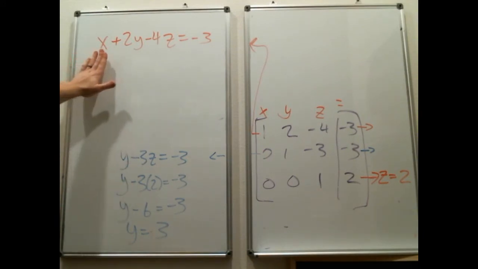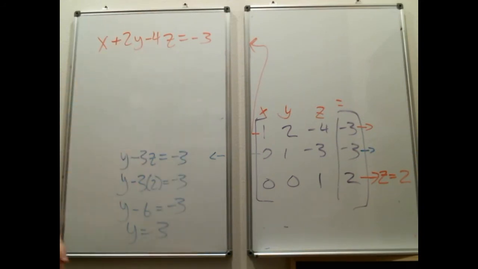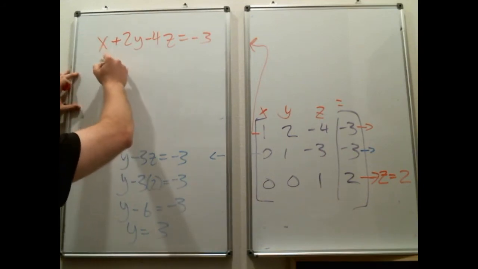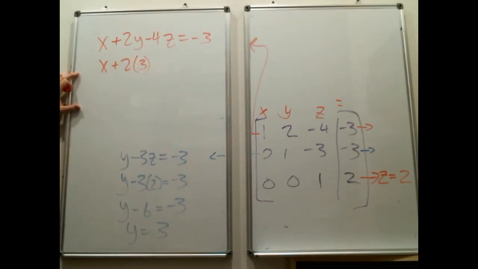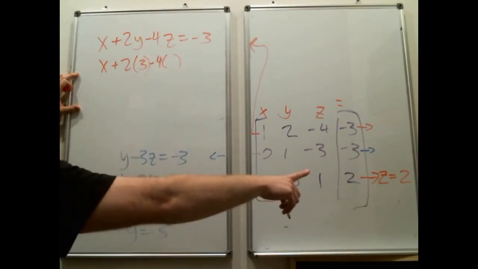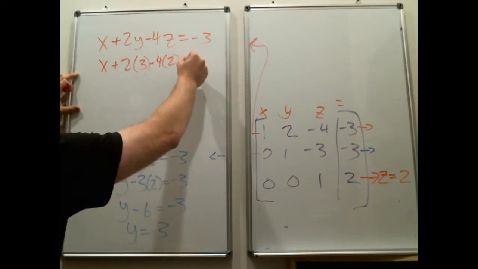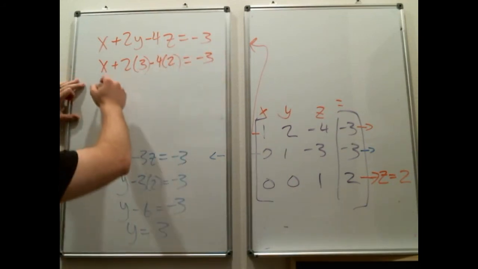And here we don't know x, but we know y and we know z. So we just plug those in and out pops the x. So x plus 2 times y, which is 3, minus 4z, which we found z to be 2, is equal to negative 3.